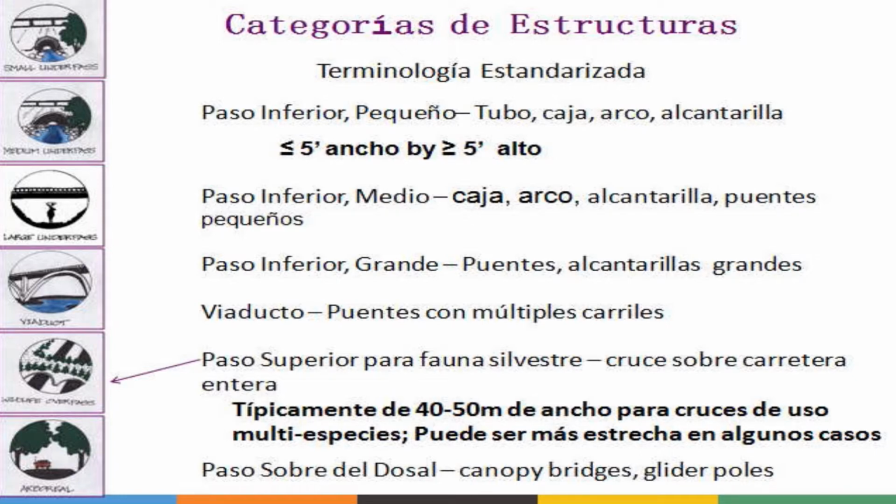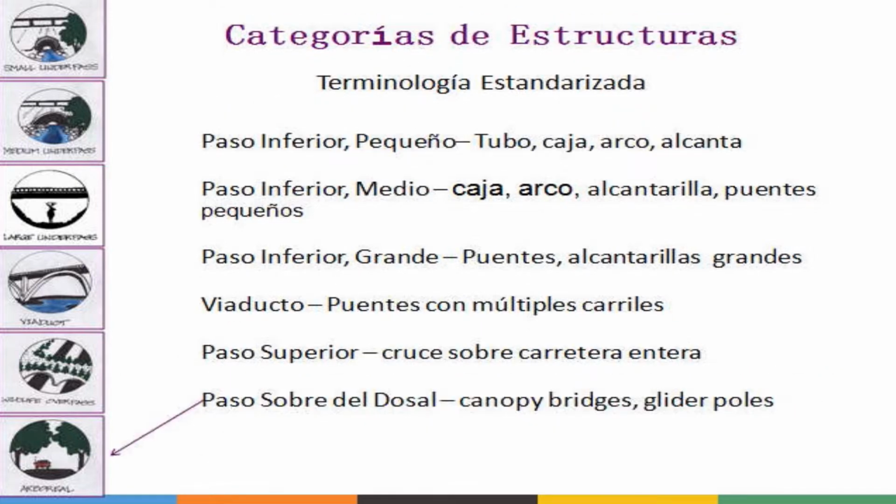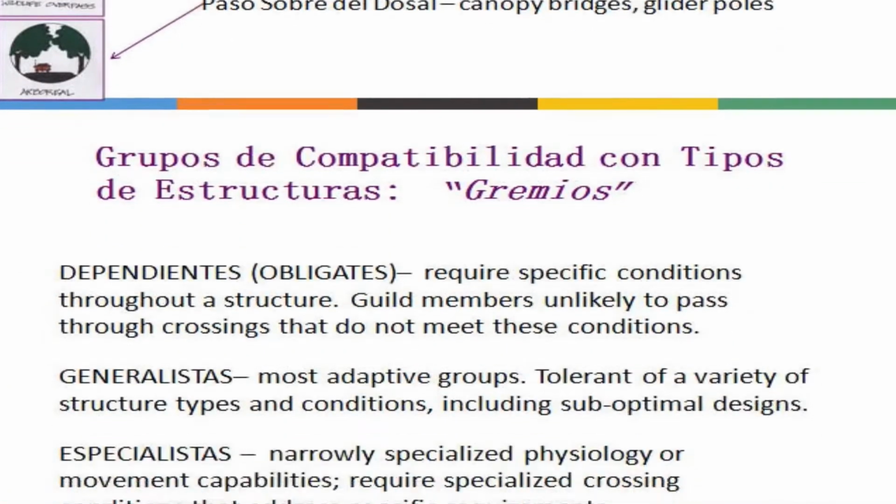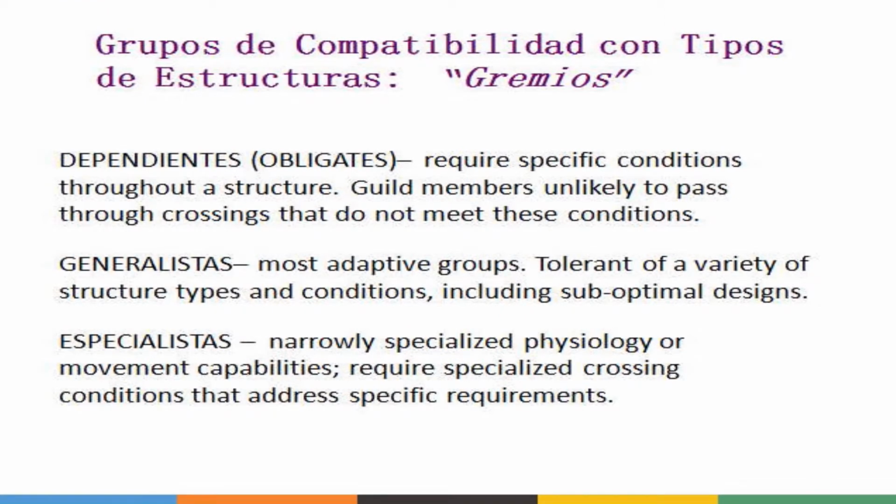So, that's something that can be very useful for species that otherwise wouldn't use a crossing structure. And then the last category are those arboreal bridges where you have glider poles or canopy bridges that grow across it.